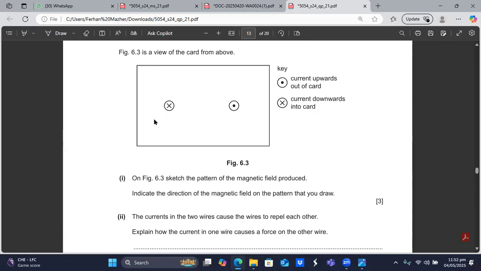And this wire, which is showing the current going into the page, hold it in your right hand in such a way that your thumb is in the direction of that conventional current going into the paper. Then the curl of your right hand will show the direction of the magnetic field formed around it, and that will be clockwise. So we have to show this.